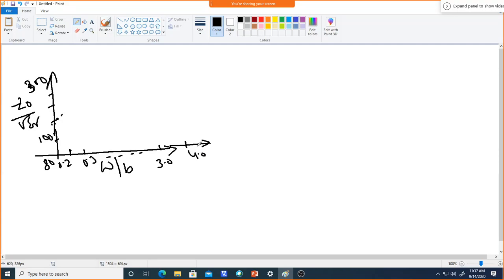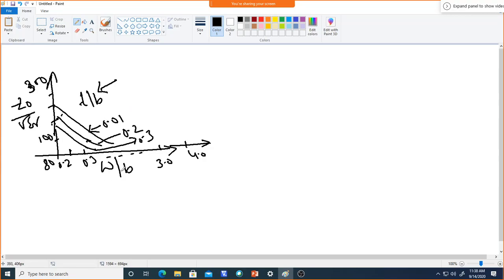Roughly, for a particular value of thickness, the curves will vary like this. Generally the impedance decreases if we increase the W by B ratio. For example, this thickness T by B is something like 0.01, this is 0.2, and this is 0.3. So the impedance curves vary with respect to W by B for a particular thickness of the conductor.